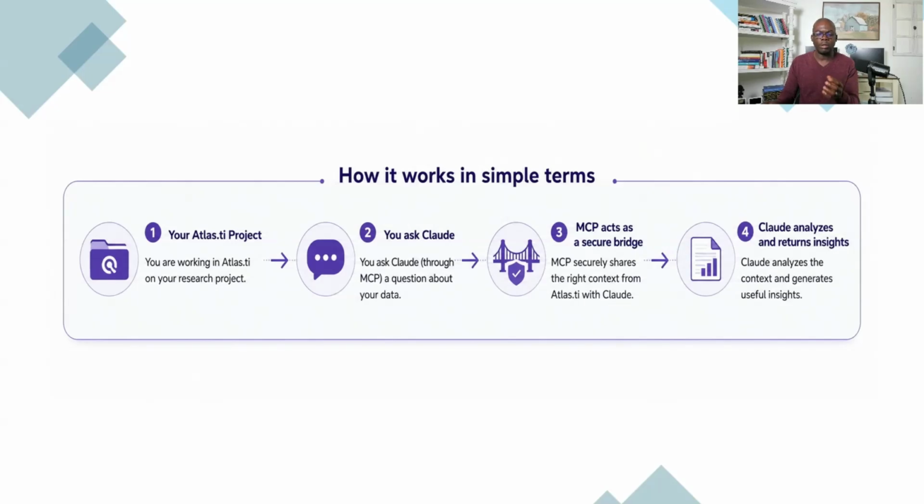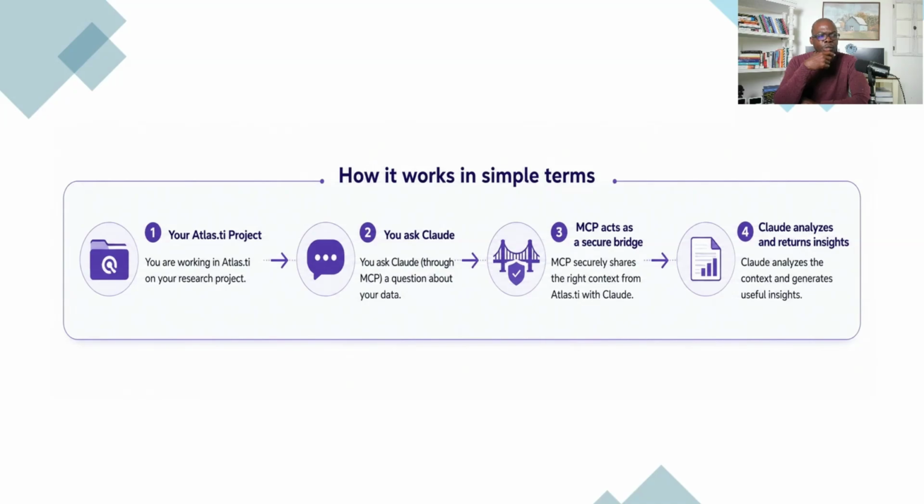Why do you need this? I think it's a secure way of using AI to help you make sense of your data, right? The AI will just securely communicate with ATLAS.ti through MCP so that you can get information from there. So it makes data analysis faster.